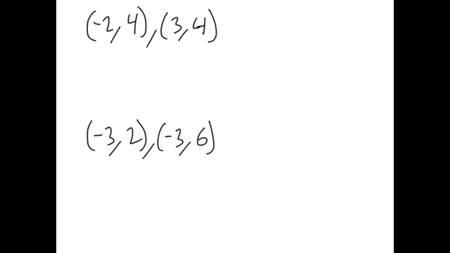Alright, so 2 more quick problems here. These are special cases. So again, we're given 2 points here. So with these 2 points, first we have to find the slope. So we plug it in.